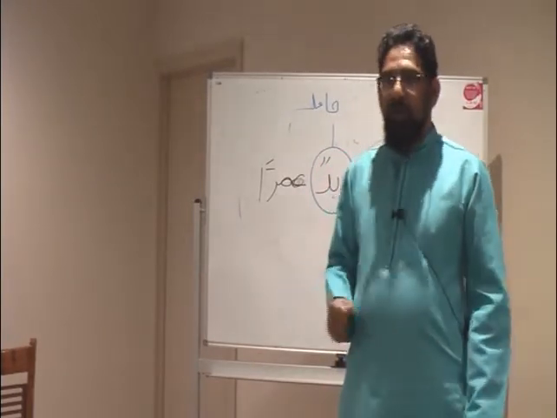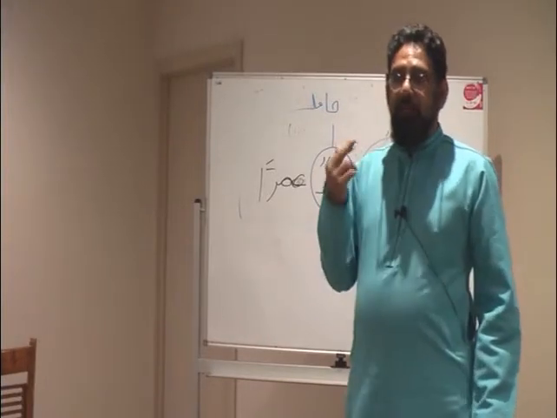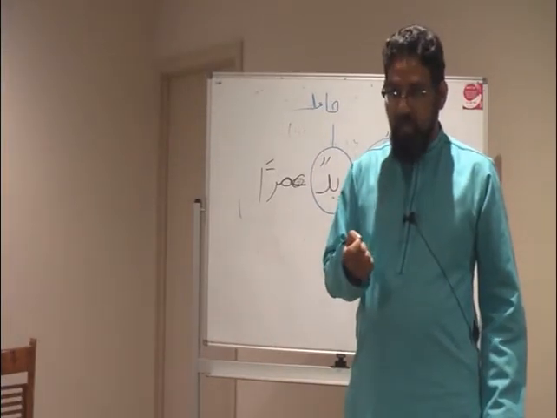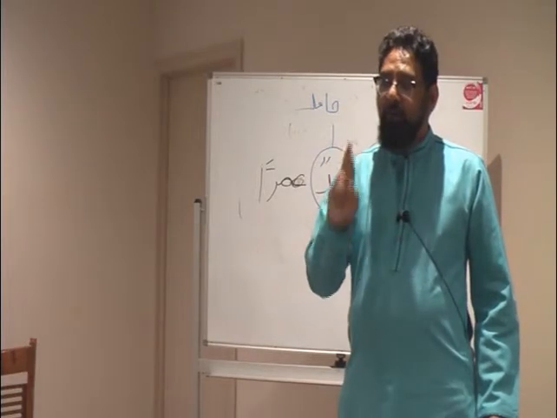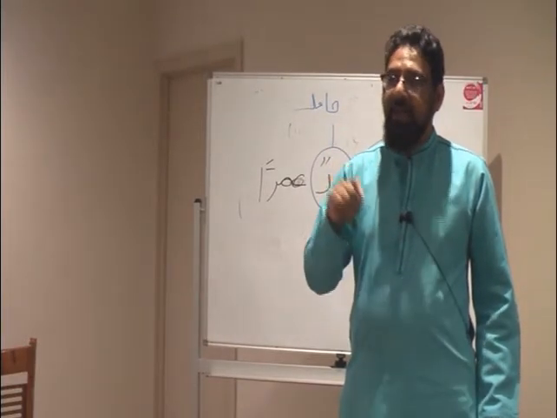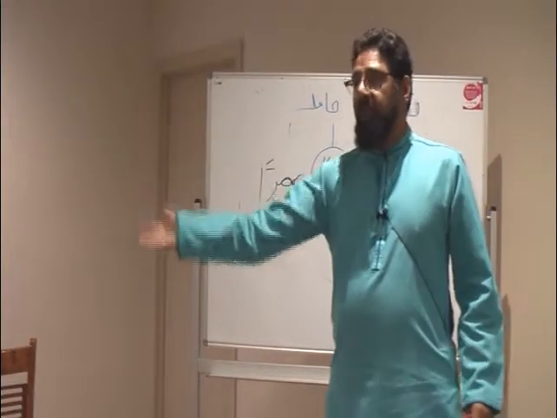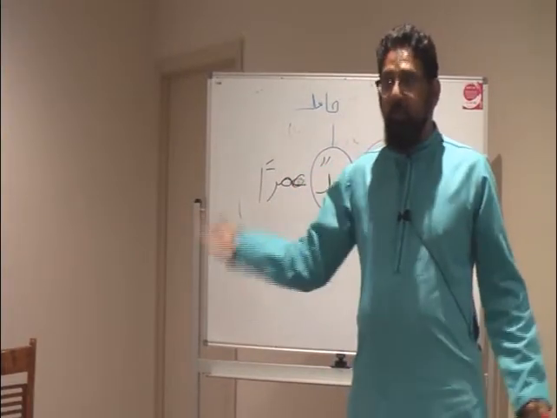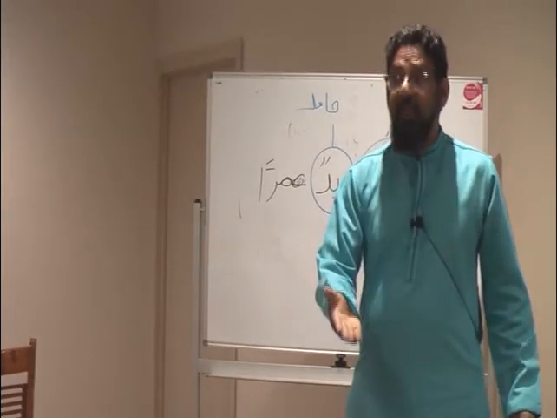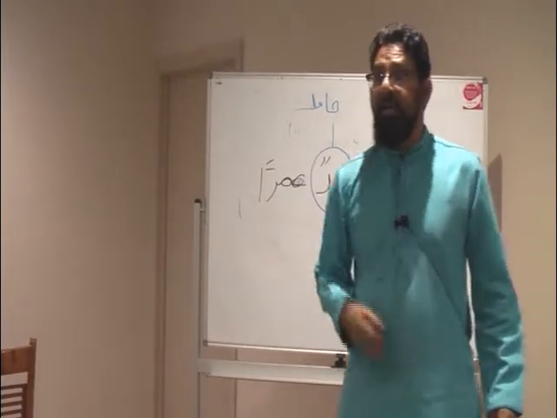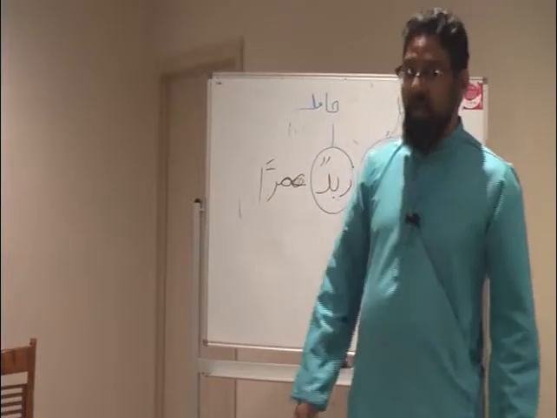In other verbs you need a maf'ul bihi, which is the object, and the terminology for the verb is what they call transitive and intransitive. Intransitive means that you don't need an object. So sitting doesn't need an object. Hitting does need an object, so it's transitive. It needs to transfer into an object.